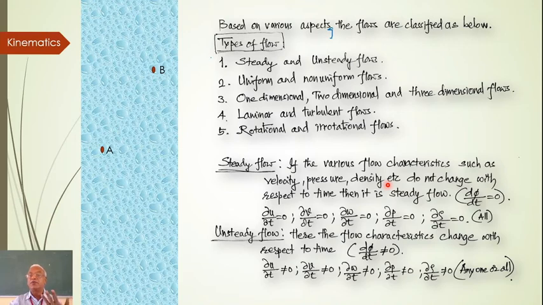So these are the flow characteristics which may change with respect to time. How they vary, that is the point of study. Now, if the various flow characteristics such as velocity, pressure, density, etc. do not change with respect to time, then it is steady flow. Okay.